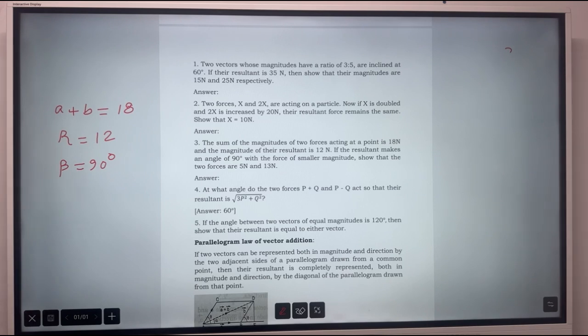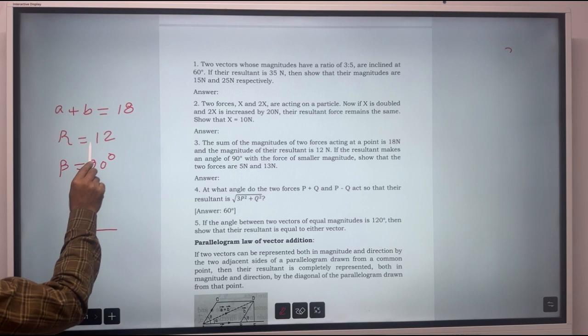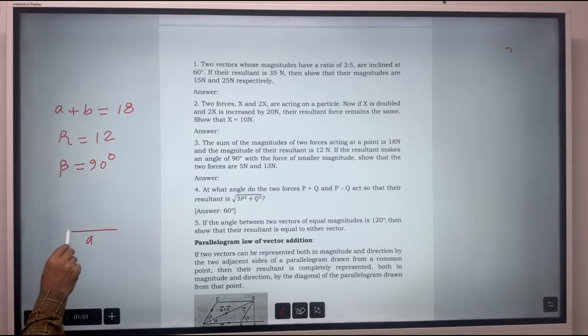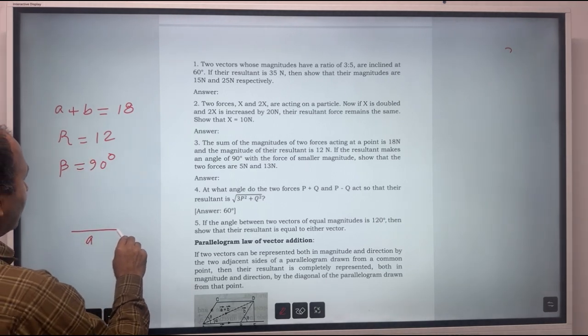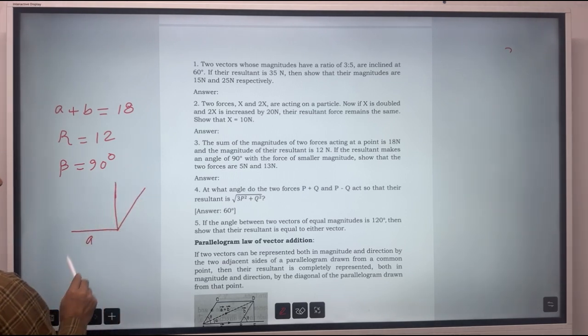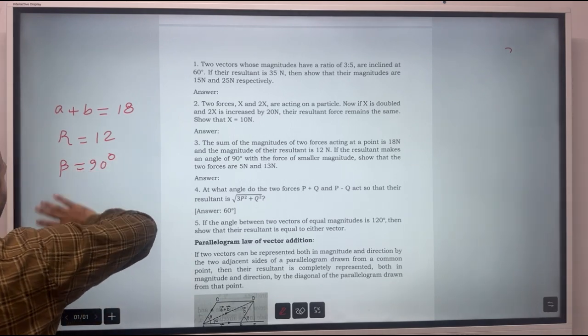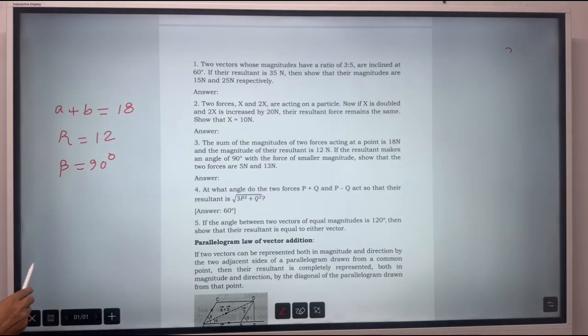Suppose this is the smaller force A and this is another force B, and the direction of the resultant is 90 degree to A, like this. I'm rewriting so that nothing goes wrong.